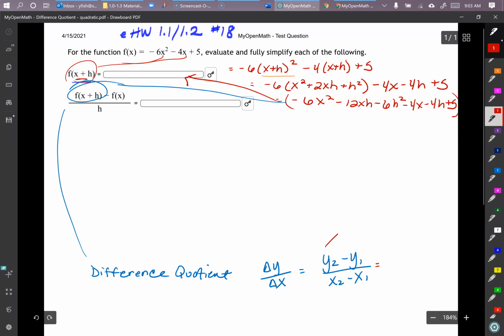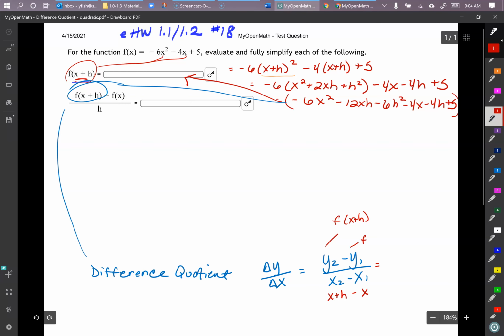So my y is actually f of x plus h. My second y is like x, and then adding on an additional h. And the second x value is x plus h. And the first x value is x sub 1, or just x in this case.